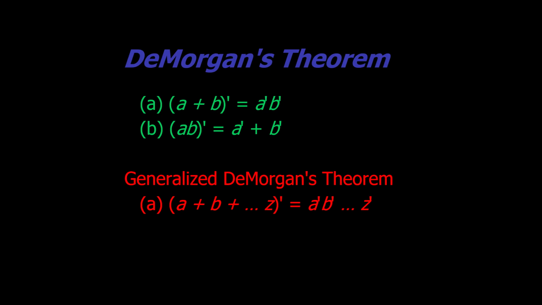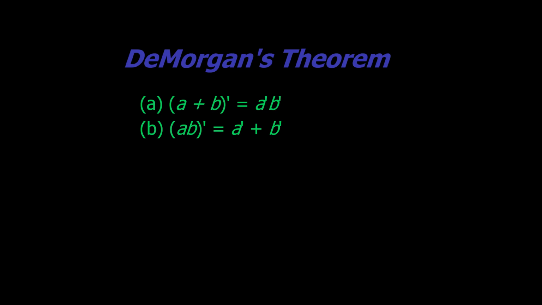Now this is De Morgan's theorem. We have already studied it. So here you can see, this a plus b whole complement will be equal to a complement, converted to multiplication, b complement. Simple. Now a dot b whole complement will be equal to a complement, that will be converted to plus b complement.